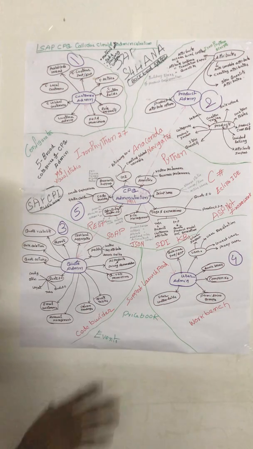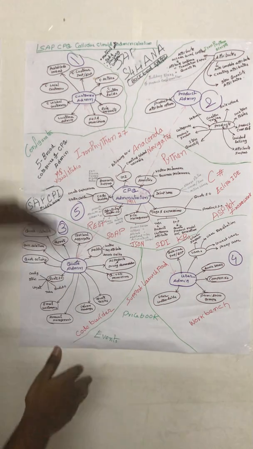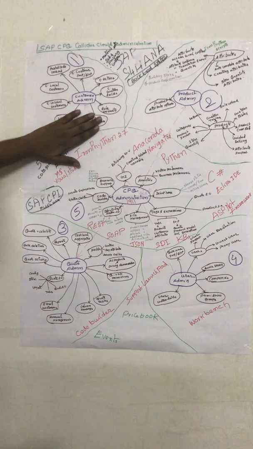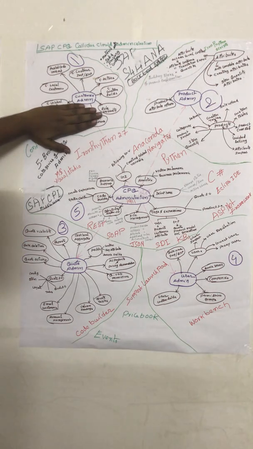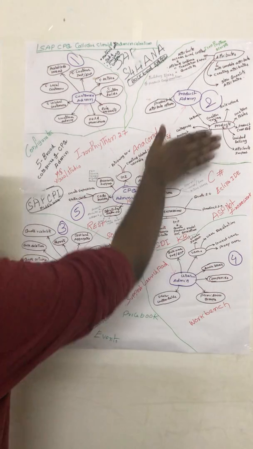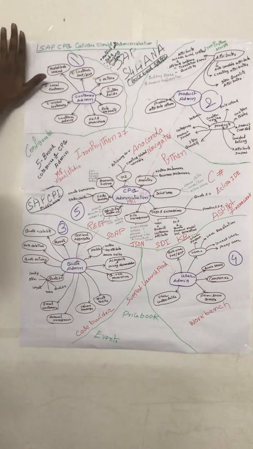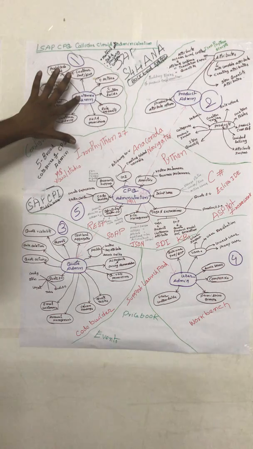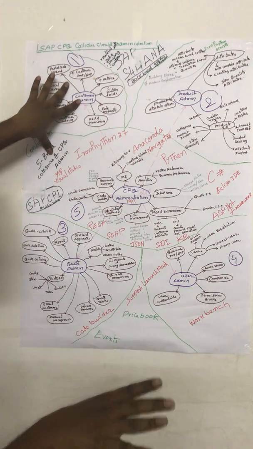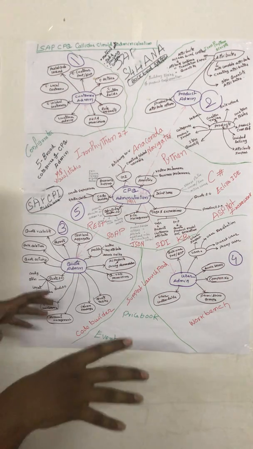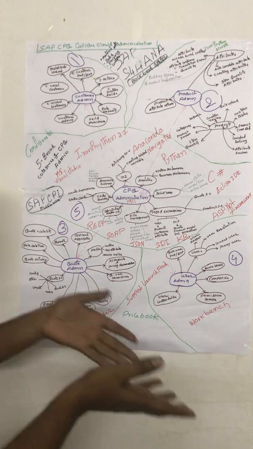And next, we'll go to customer admin, which is very important. You have customer admin, user admin, product admin, and code admin. In customer admin, customers are the organizations which provide or manufacture the things.